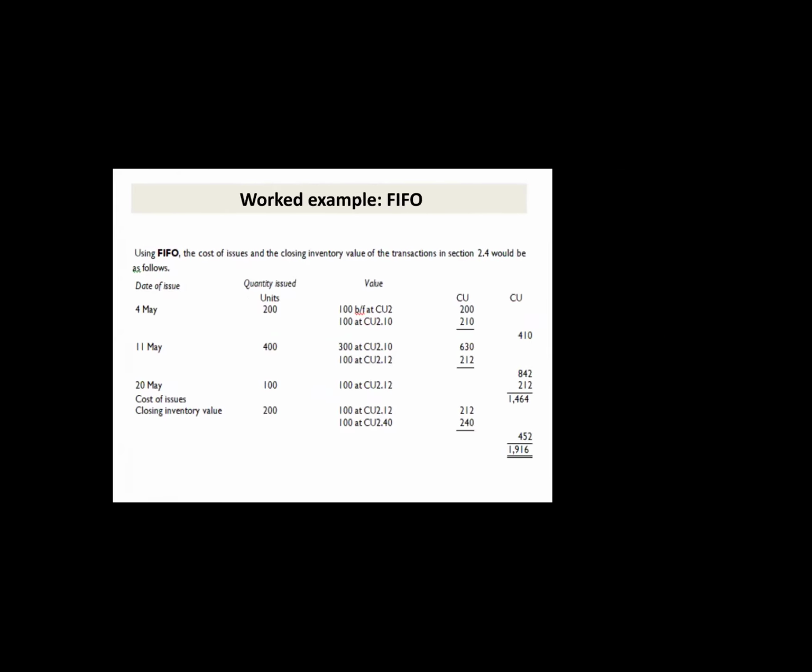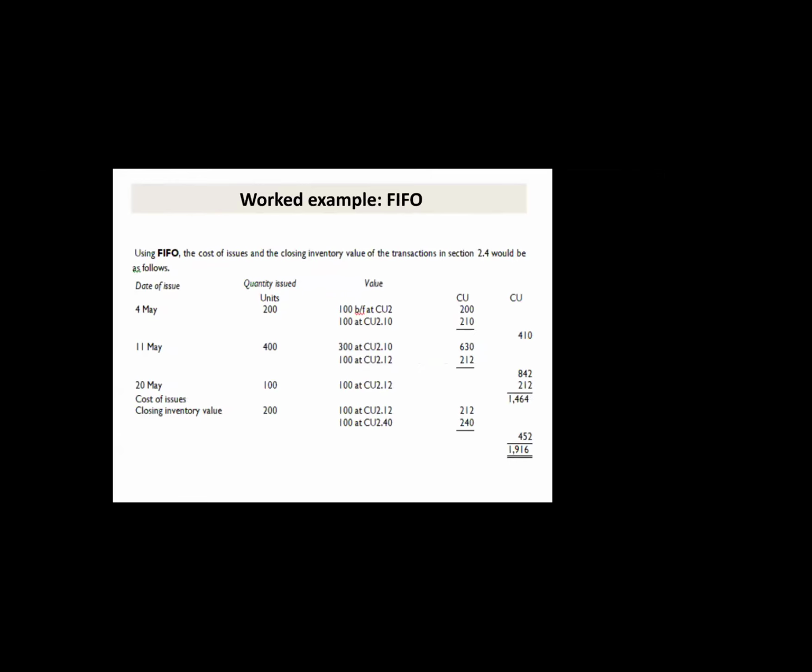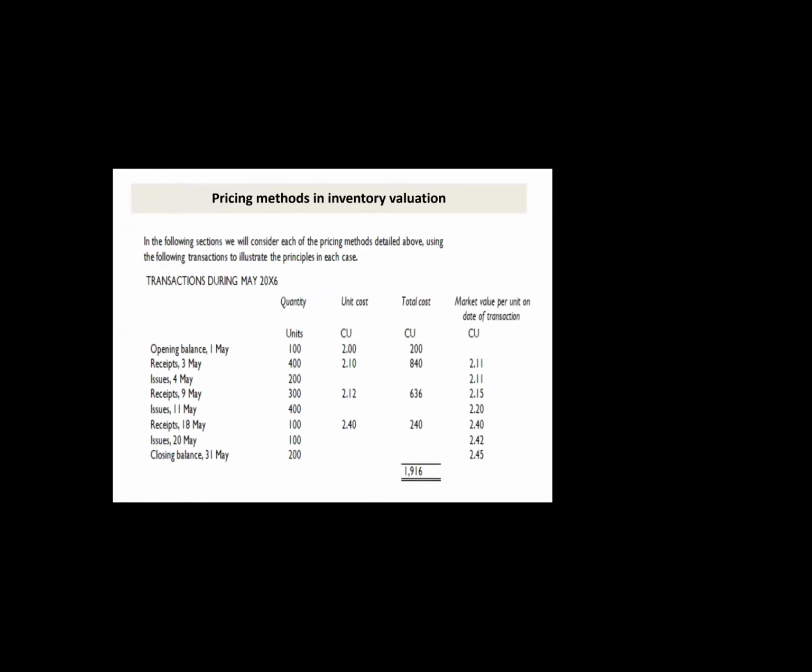Yes, sir. Let's check our solution of what we made here using FIFO. As we know, we have 100 opening inventory at the rate of taka 2. And we issued 200 units on 4 May. We also received 400 on 3rd May at the rate of 2.10.